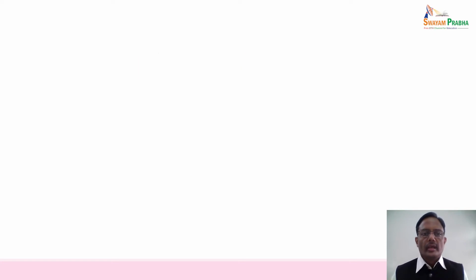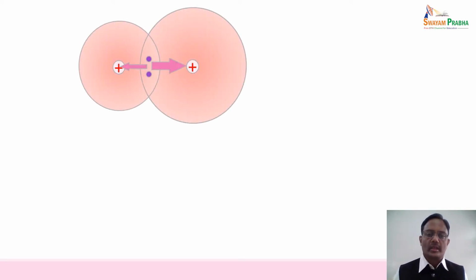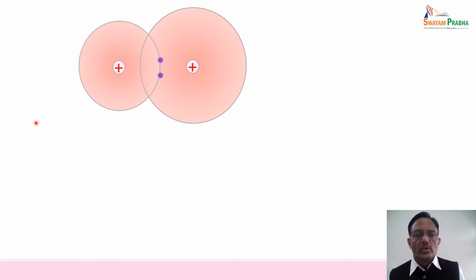But in the case of heteronuclear diatomic molecules, the force of attraction between the nucleus and the electrons is different. For example, if you have two different atoms, where one atom is exerting less force whereas the second nucleus is exerting a larger force on the bonded electron pair, then what will happen? Whenever you have an extra force on one side, there is a shifting of the electron pair towards one of the bonded atoms.